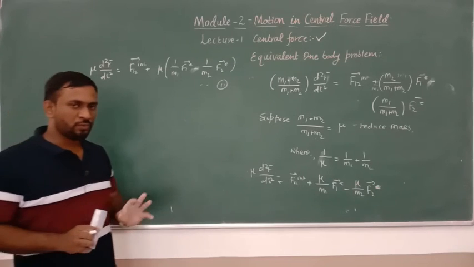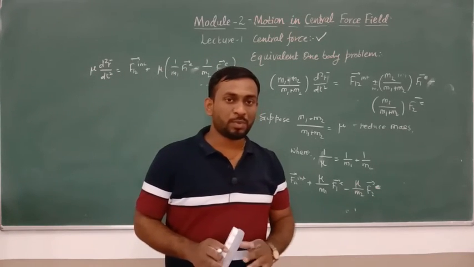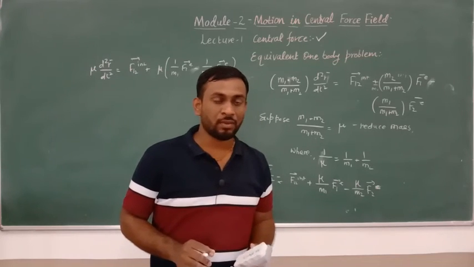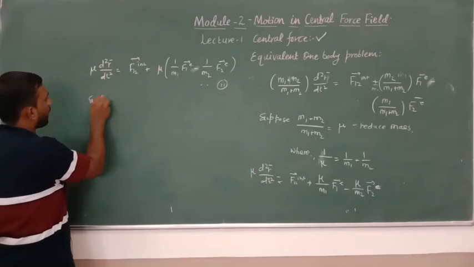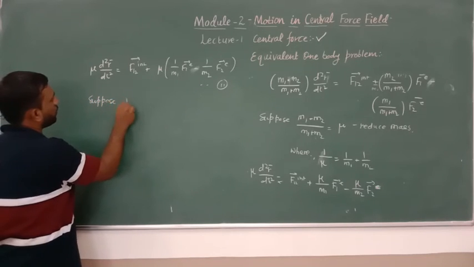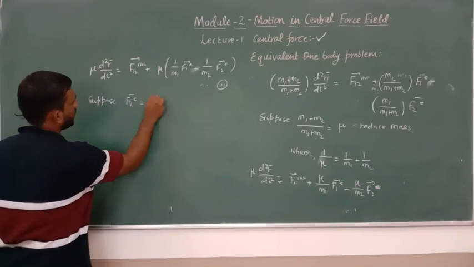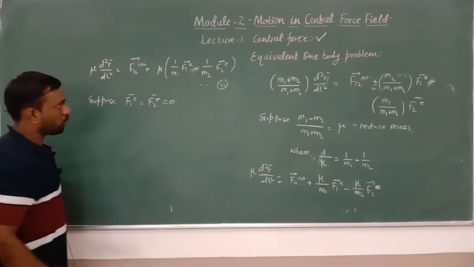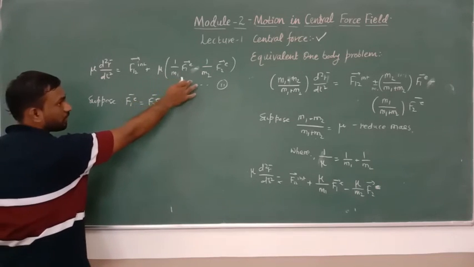Suppose the forces acting on the system are such that they produce an acceleration which is proportional to the mass. So suppose f1e is equal to f2e equals 0. So these terms go out. And if this term goes out, how do we write this equation?